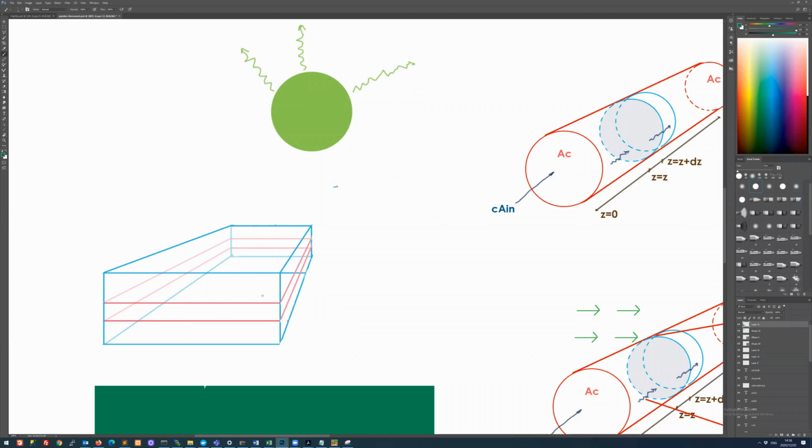So now, in what directions might the concentration vary? And let's label our dimensions. So we can define x here, and then let's say this is y.